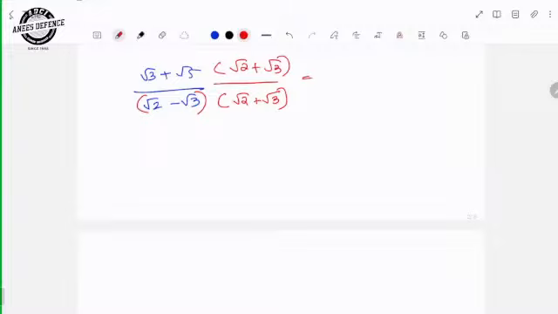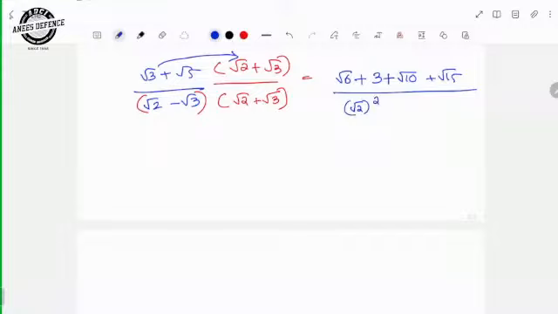So what will the answer be? Root 3 into root 2, root 6; root 3 into root 3, 3; plus root 5 into root 2, root 10; root 5 into root 3, root 15. Divided by, using the fundamental identity (a plus b) into (a minus b) equal to a square minus b square, the denominator can be written as root 2 square minus root 3 square.